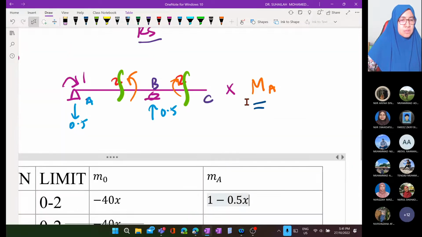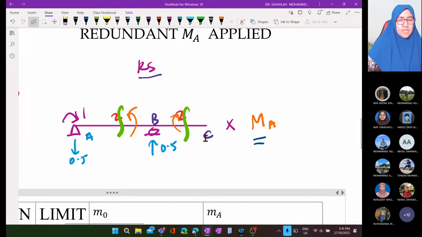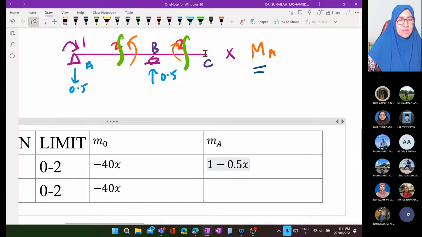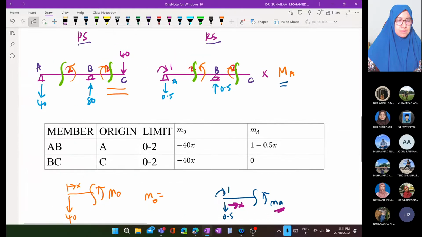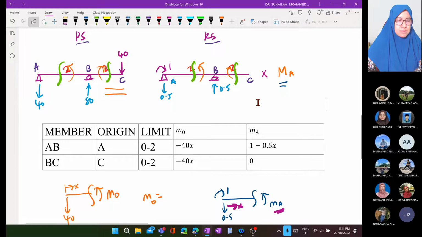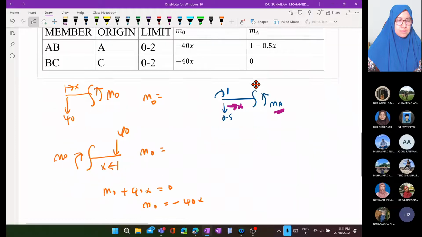Okay, so last one, BC origin C. What is the equation? There is no equation, madam.